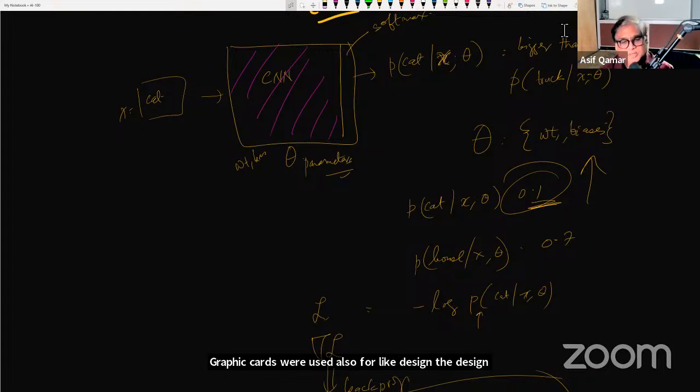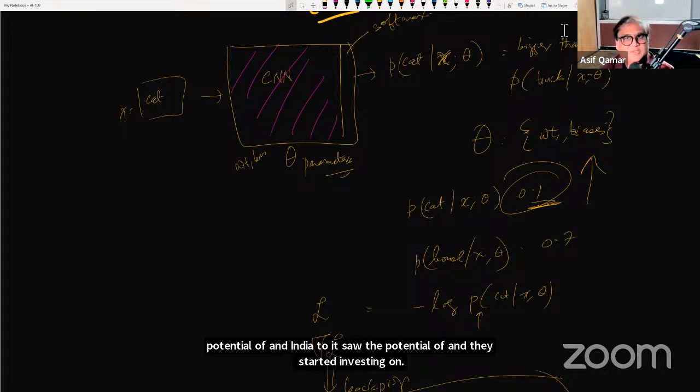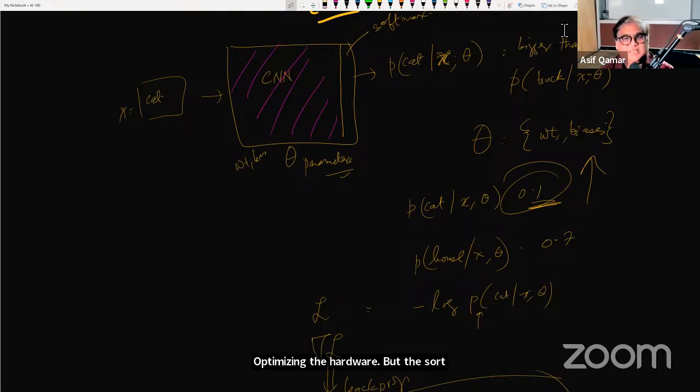But there was a new market that suddenly people saw the potential of, and NVIDIA, to its credit, saw the potential of, and they started investing in optimizing their hardware for the sort of matrix multiplication that would be needed to drive CNNs.